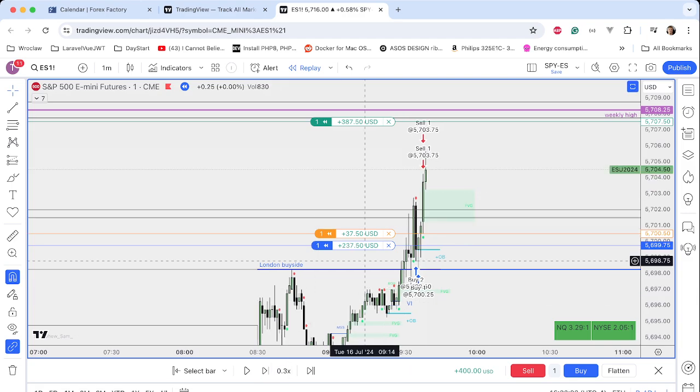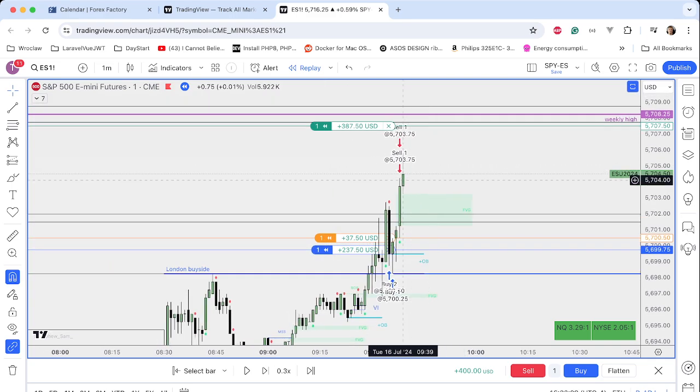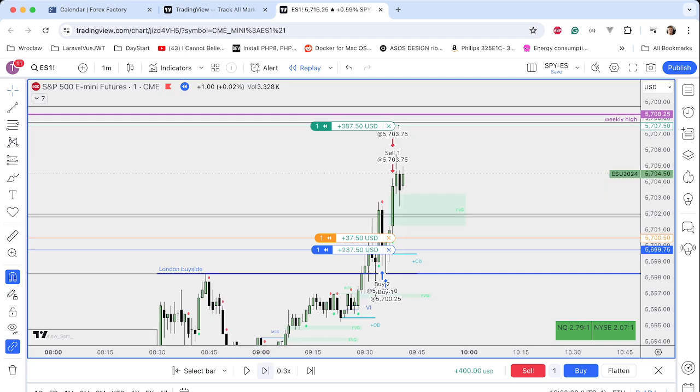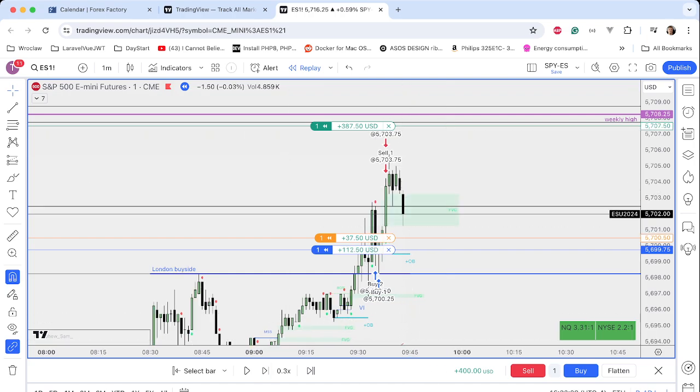Okay, we are creating a bear flag. Let's look at the time all the time. We need to look at the time, so it's 39. A little bit of drop into fair value gap into bullish one. $42. I'm still happy with this trade.